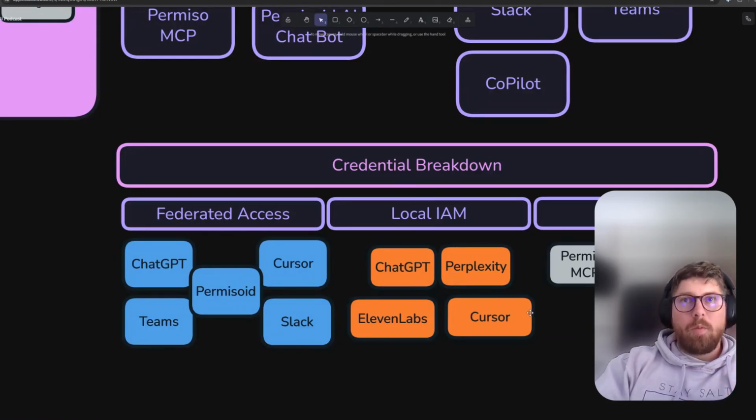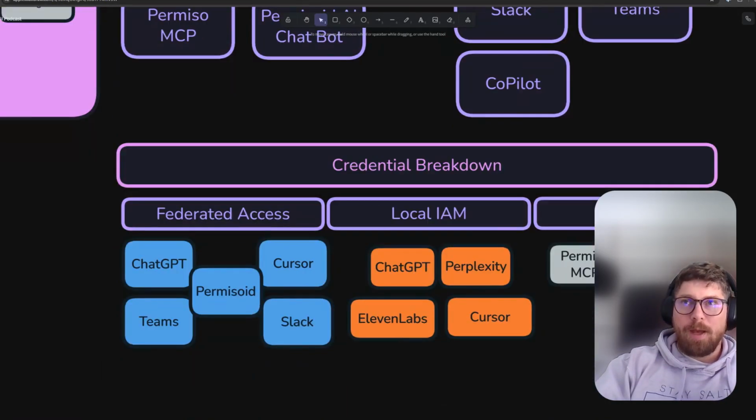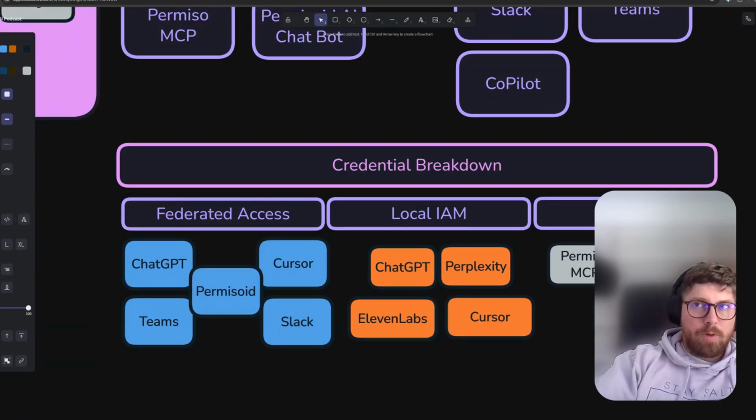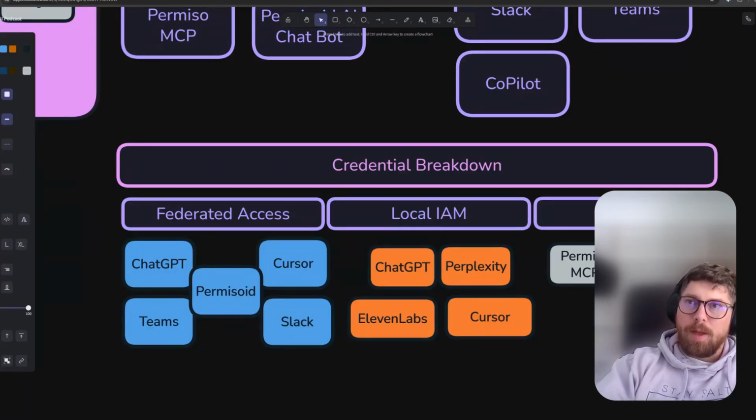When I look at which of my AI usage is associated with an NHI, with a machine identity, well, only a few, right? Our Permiso MCP, I use an OAuth token to do that. AWS MCP, sometimes I use a role. Sometimes I use a long-lived access key for interacting with the AWS MCP, so there, I would count that as an NHI as well.